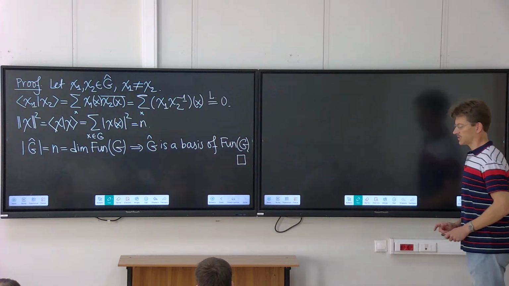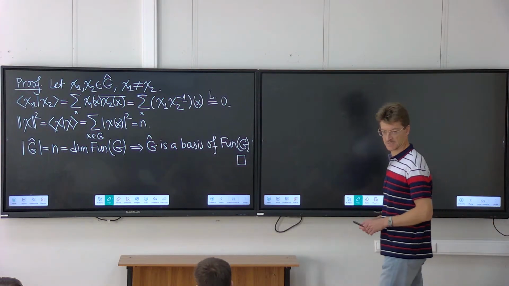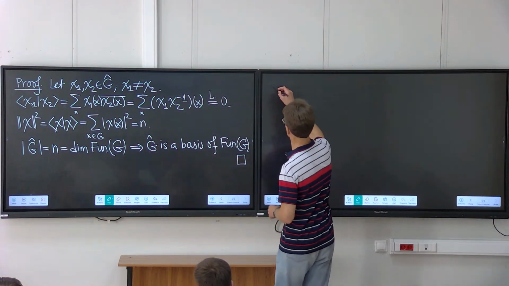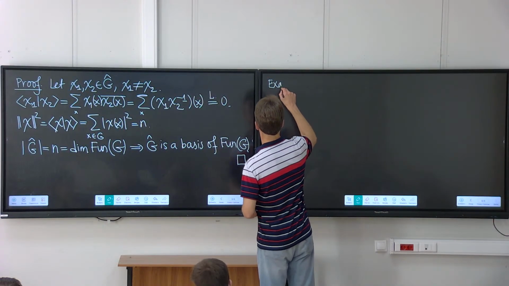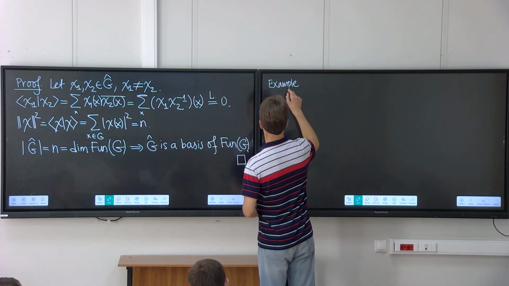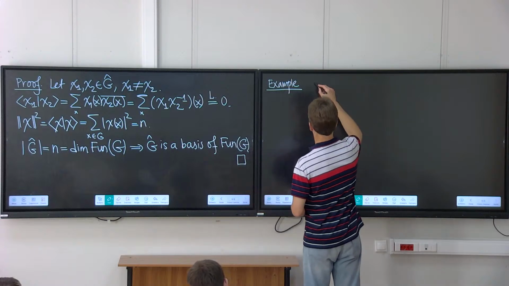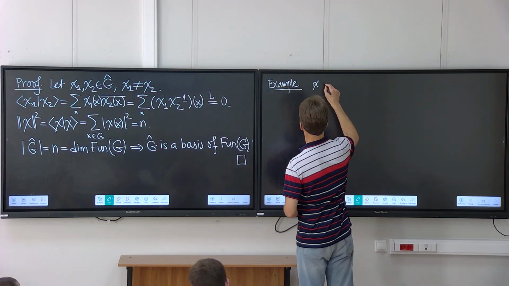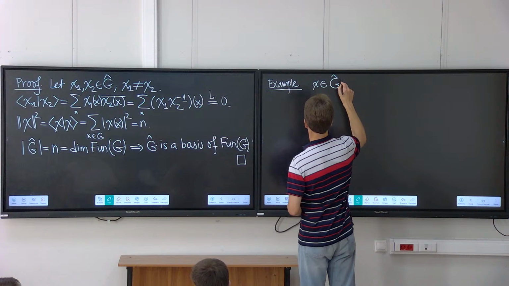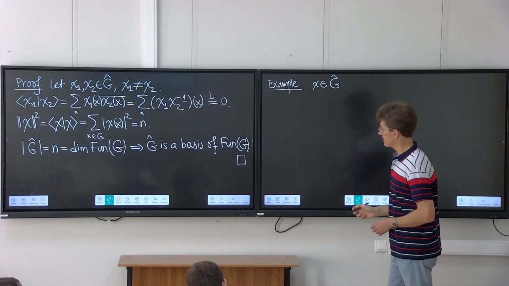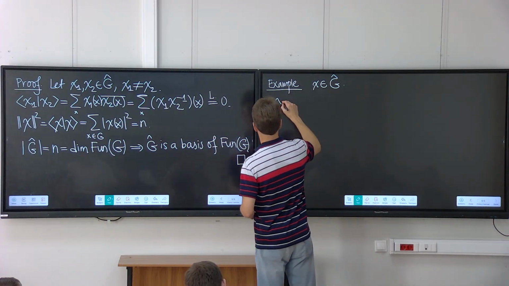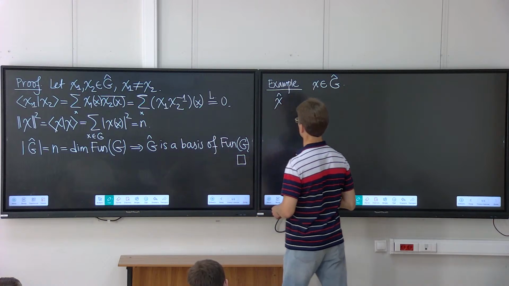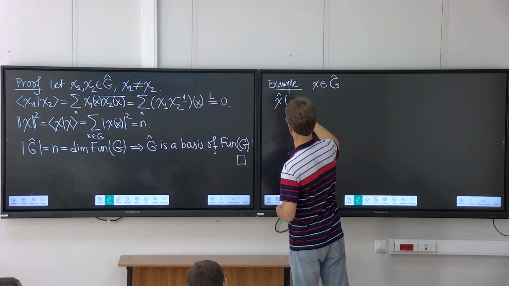By using this result, we can now easily calculate the Fourier transform of a character. So we take a character chi of G, and we calculate the Fourier transform of chi. So it is a function on G hat.